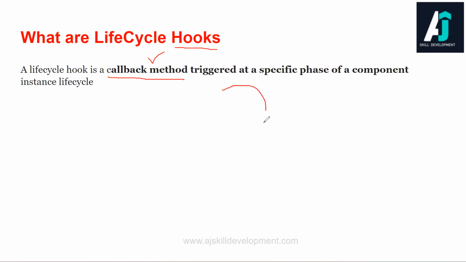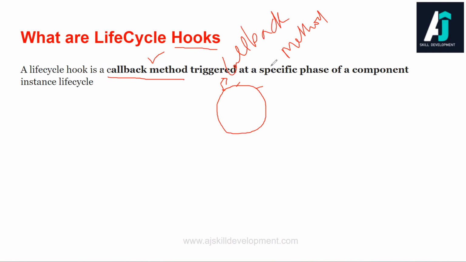Say for example, there is a component. The component is in the initialization stage, and then it goes through the updation stage and then the rendering stage. Likewise, it has different stages. For each and every stage, LWC has a predefined callback method at the backend. These callback methods, we call hooks. They get automatically invoked based on the stage the component is in.